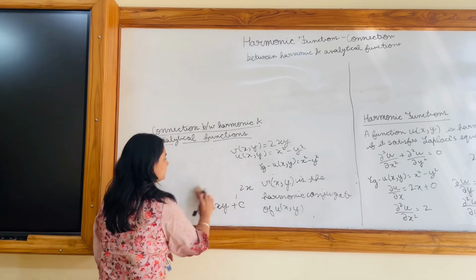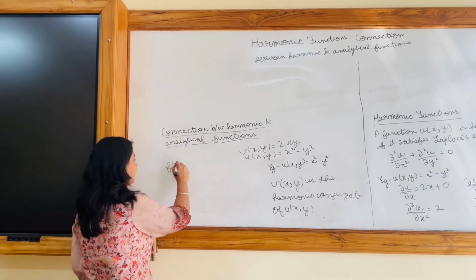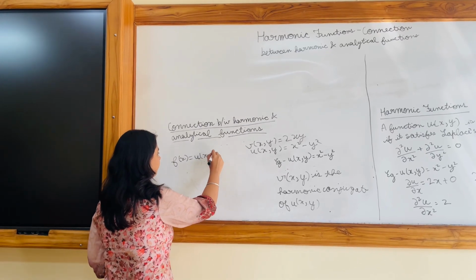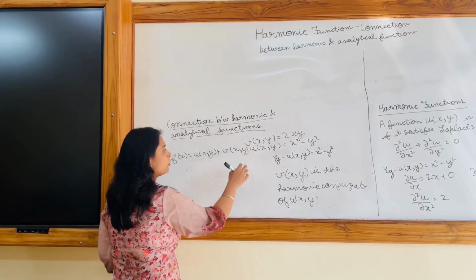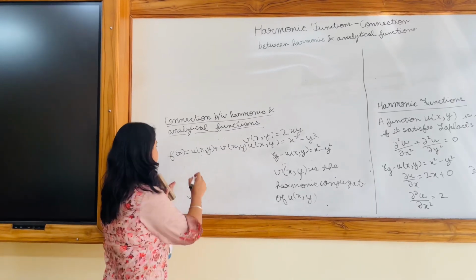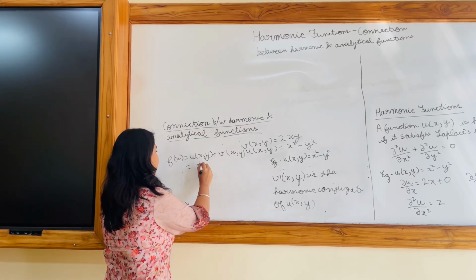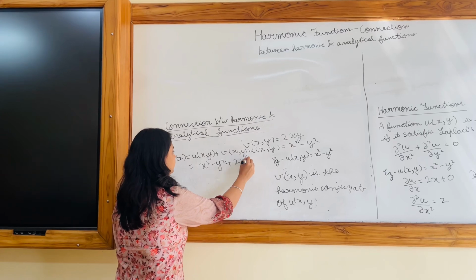Further, putting this into the analytical function, which was given by f(z) equals u(x, y) plus iv(x, y), we put both values in, which gives us x square minus y square plus i times 2xy.